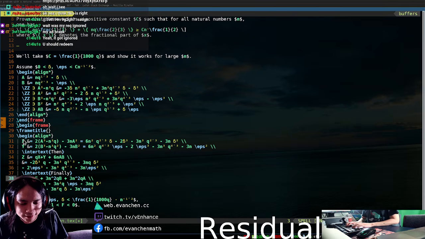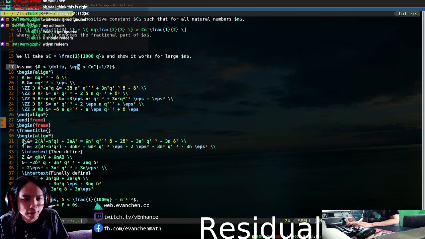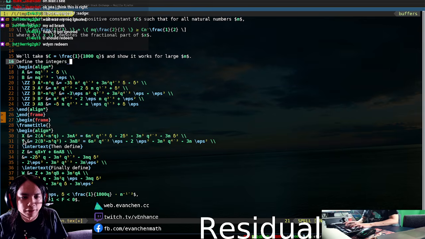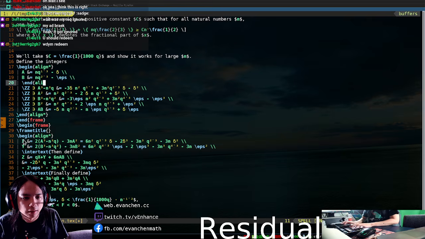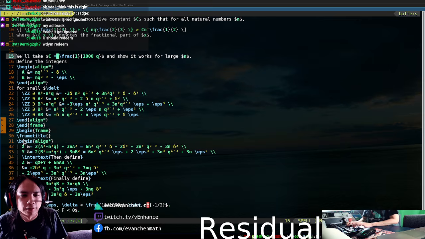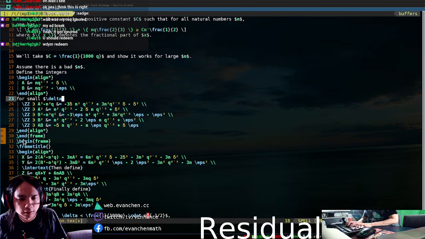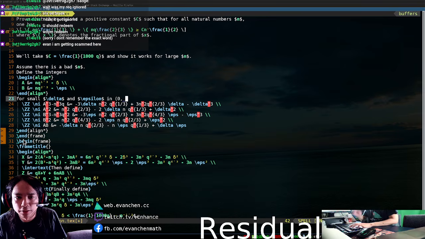W. Z. Define the integers for small. Assume not. There is a bad n. Define the n for small delta and epsilon within 0 c n to the minus a half.